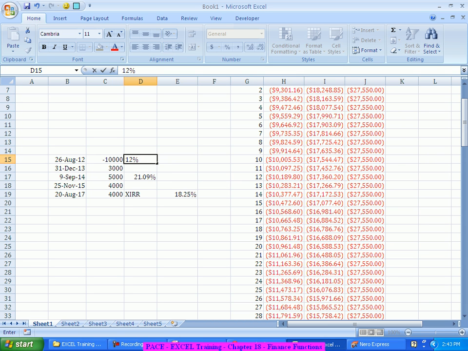Or the other field that can help me in this process is XNPV, which will tell me the net present value of my investment. If the net present value is positive, I say this is profitable. You can do this even from here also.